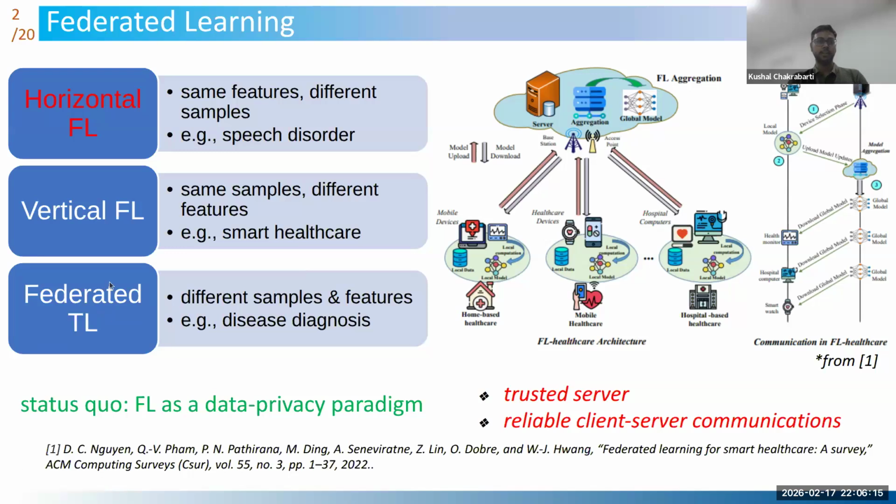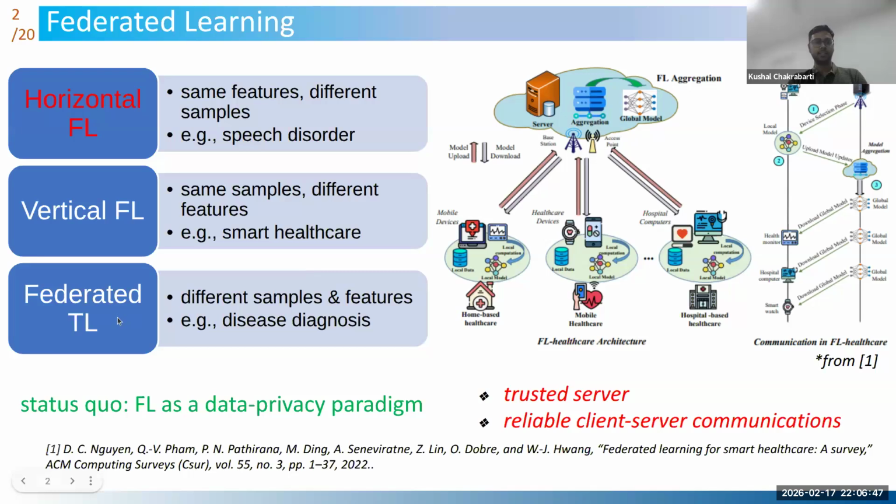The other class is vertical federated learning, which is the opposite of horizontal FL. Basically, you have the same samples across all the agents, but the features are different. One such example could be smart healthcare, where the dataset may come from the same organization, but each of the participating agents focuses on different features of the person involved.